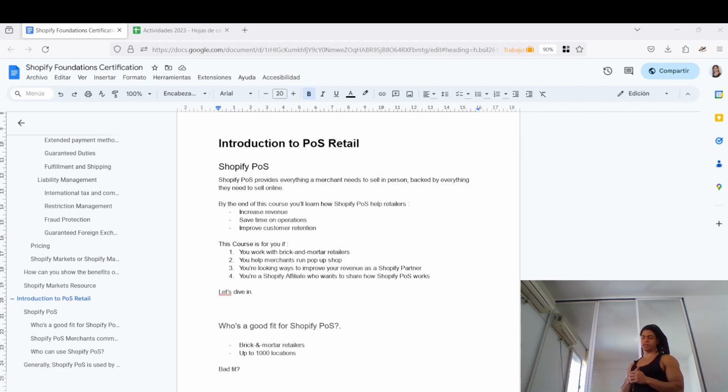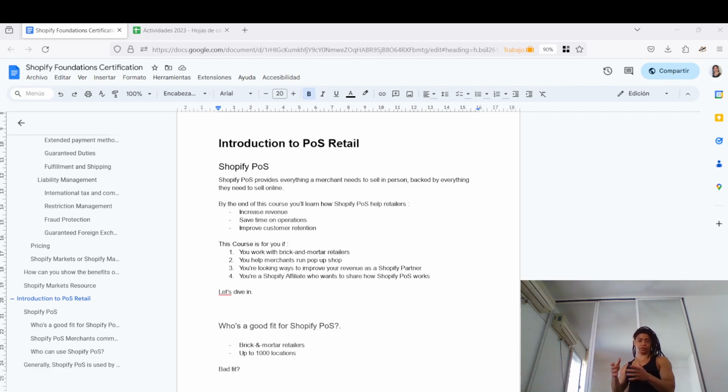So the Shopify POS provides everything the merchants need for the daily operations to sell in person, backed with everything they need to sell online. Sell in person and sell online.